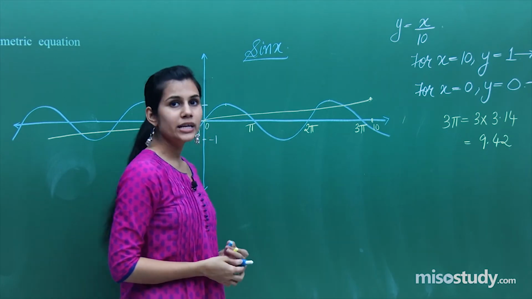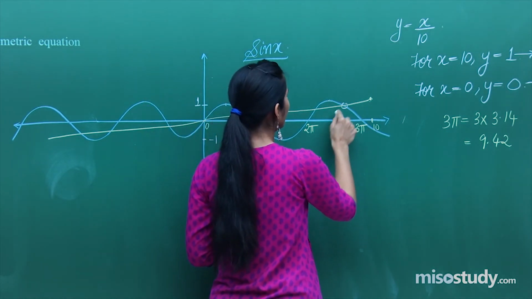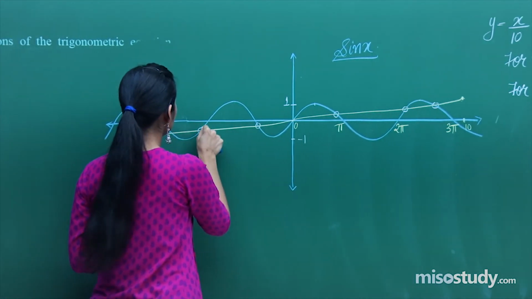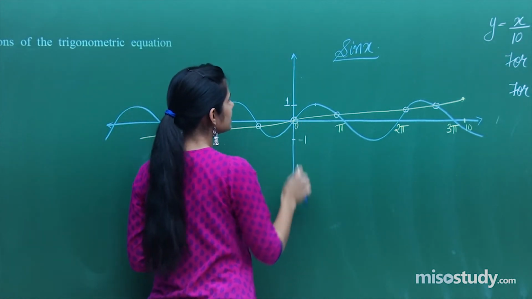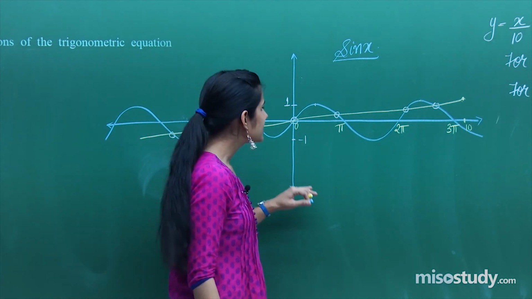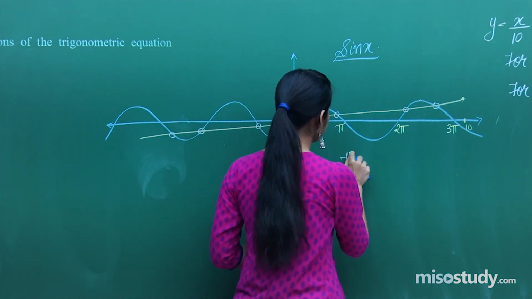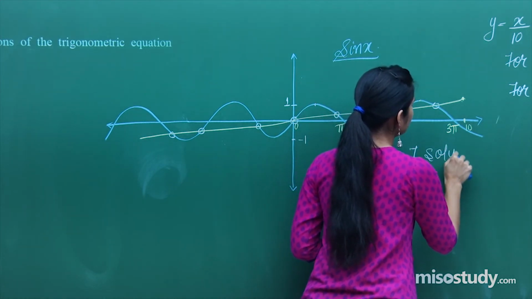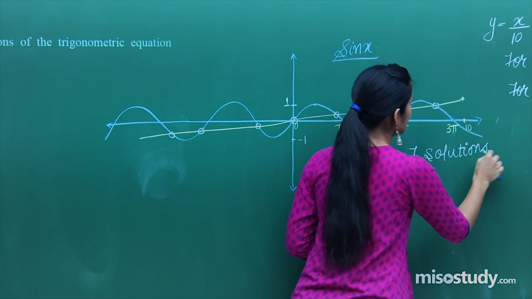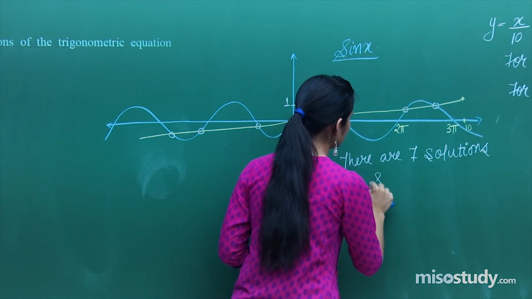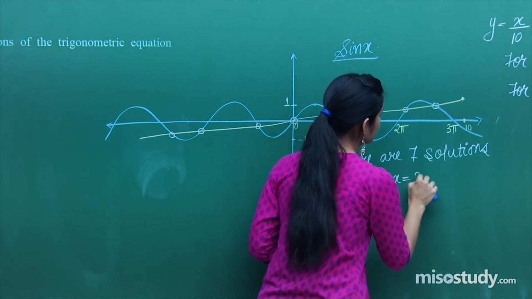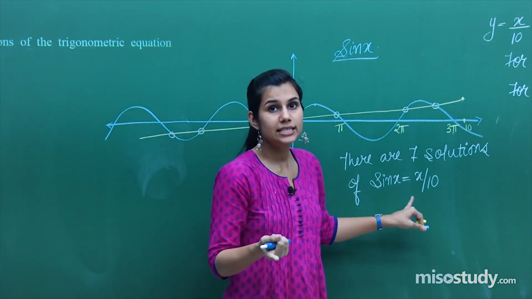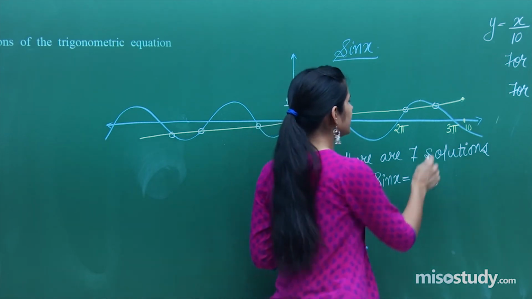That means how many points is it cutting? 1, 2, 3, 4, 5, 6 and the origin is 7. There are 7 solutions of sine x equals x by 10. So there are 7 x's for which sine x equals x by 10.